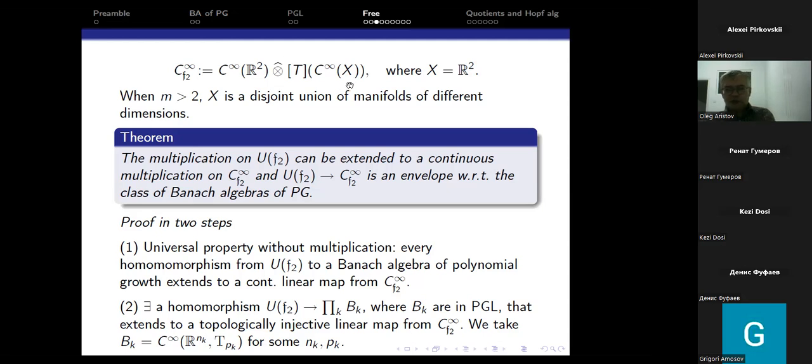So I prefer to distinguish these two spaces, even in this case. The main theorem says that the multiplication on the universal enveloping algebra of F2 can be extended to a continuous multiplication on this space C infinity F2. And in fact, the natural map is an envelope with respect to the class of Banach algebras of polynomial growth.